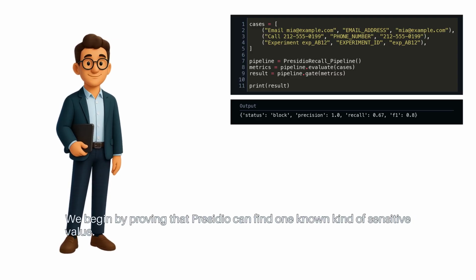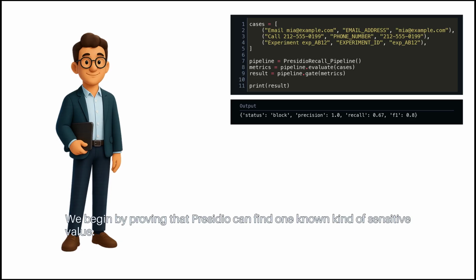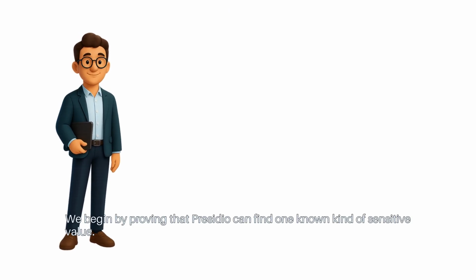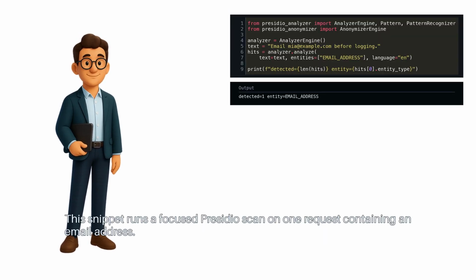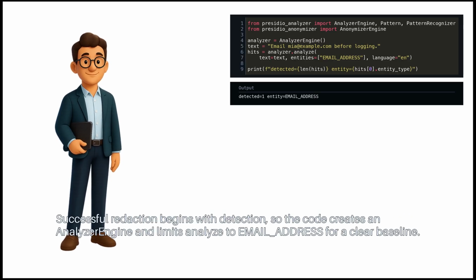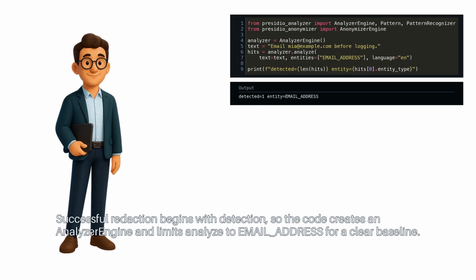We begin by proving that Presidio can find one known kind of sensitive value. This snippet runs a focused Presidio scan on one request containing an email address. Successful redaction begins with detection, so the code creates an AnalyzerEngine and limits analyze to email address for a clear baseline.